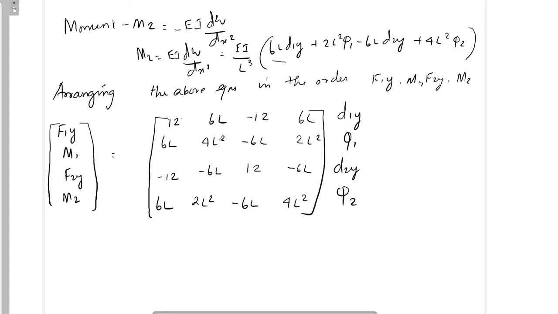So if you see, the sign for the rotation changes alternately when you compare F1y and F2y as well as M1 and M2. So this is the way to derive the stiffness matrix for the beam element.